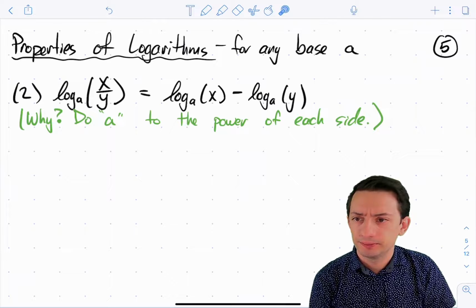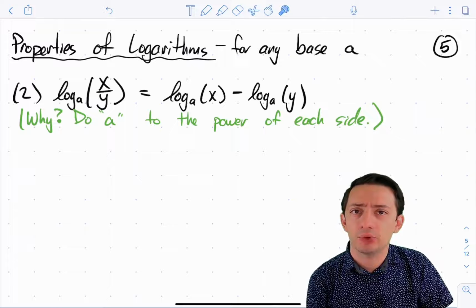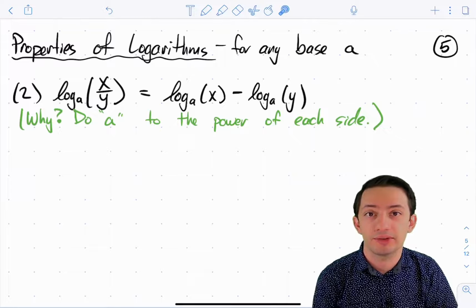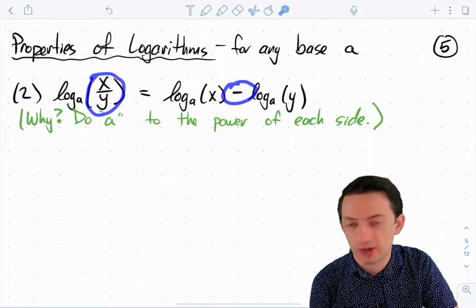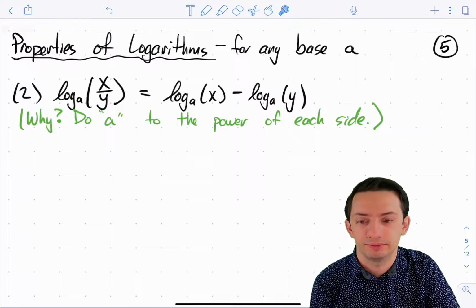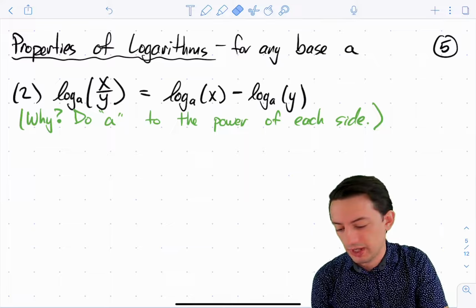Property 2, kind of the same idea, but instead of talking about multiplication inside, we're talking about division inside. So if we have a division inside, that turns into a subtraction outside. Now, why is this true? Well, once again, we can think about exponentiation.